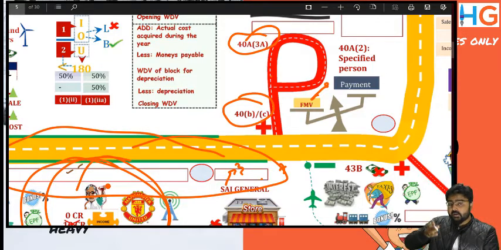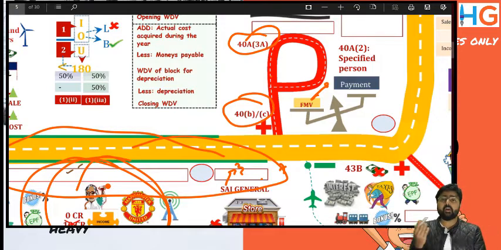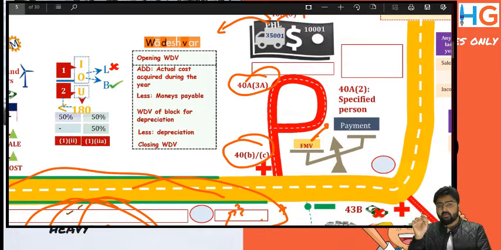Now I had incurred the expenditure in FY 16-17, and now I'm making the payment in FY 17-18. In the year 17-18, the expense will not be debited to the P&L account. So can it be said that I will be disallowing the expense? Not a question, because it is not debited to the P&L account at all. So what do we do? We include that amount in income. This is section 40A(3A).